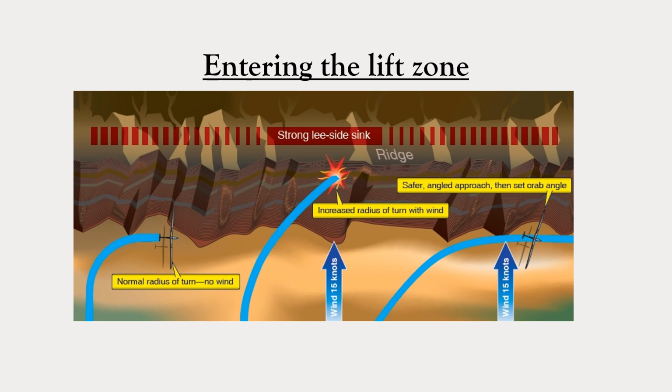If you think you're going to be able to make a normal turn in that situation, since the wind is blowing towards the ridge, you'll be going faster into the ridge than you expected, and you could hit the ridge. On the opposite side of the ridge, oftentimes there's a lot of sink. It's not good to try and get into the ridge zone from that side. Of course, it also depends on some of the local terrain and specific conditions at that particular site.